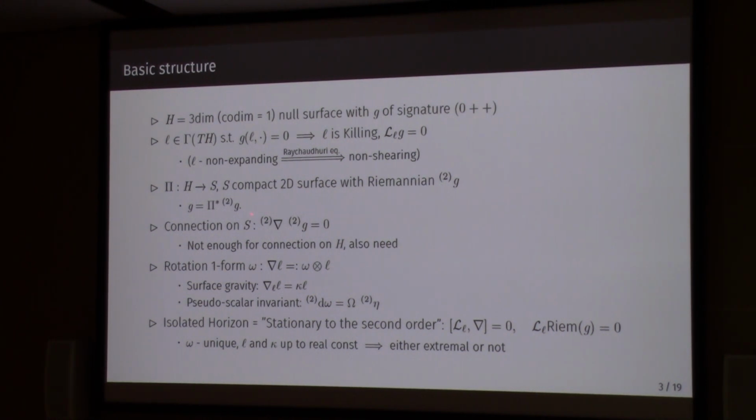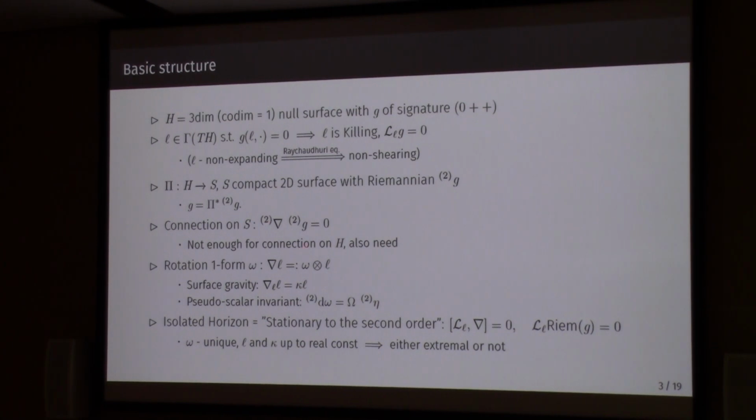So the most interesting cases are obviously when this S is a two-dimensional compact surface, and on this surface we have this two-dimensional Riemannian metric, and so downstairs we can have the usual notion of the unique torsionless metric connection. However, this is not enough to determine the connection on the whole horizon.